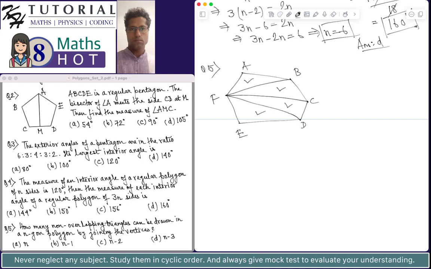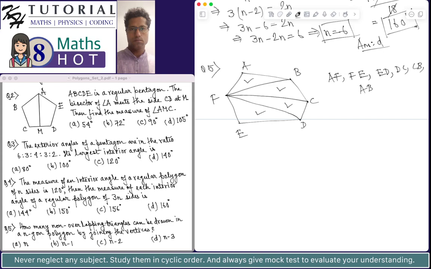So how many non-overlapping triangles did we make for this polygon? What is the number of sides of this polygon? AF, FE are the sides, ED, DC, CB, and AB.